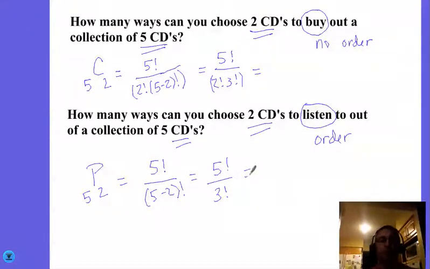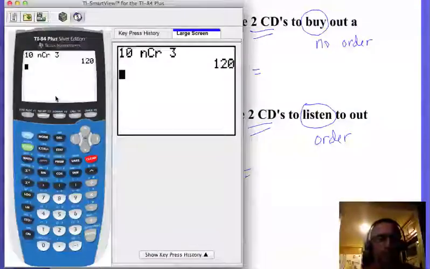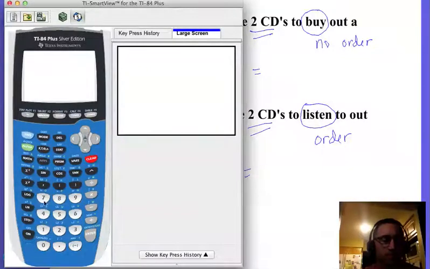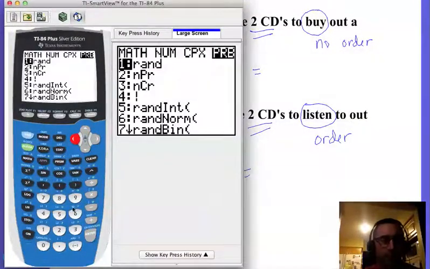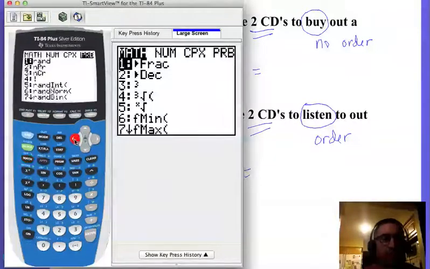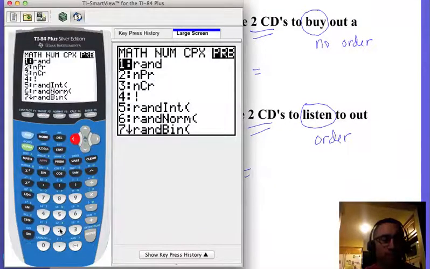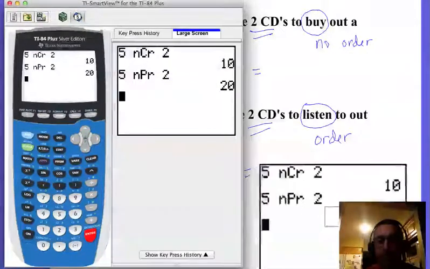Notice the formulas are different. We can, once again, use our calculator to get these by choosing 5, math, probability, nCr, 2, enter, and 5, math, probability, permutation, 2 to get our 2 answers.